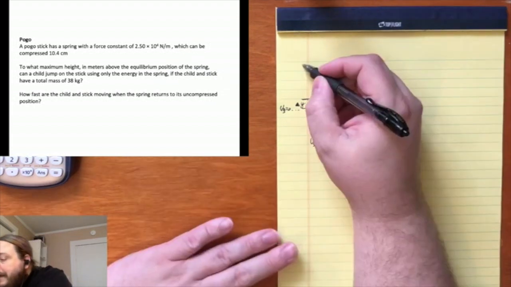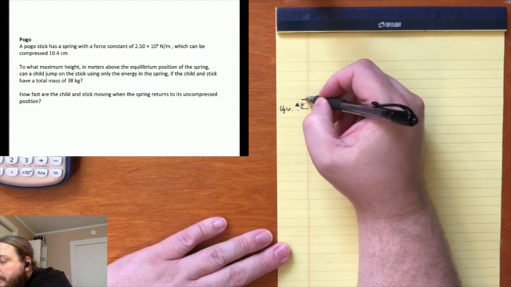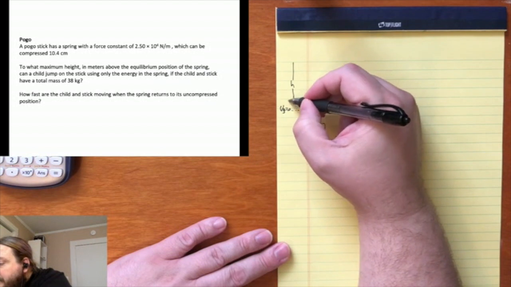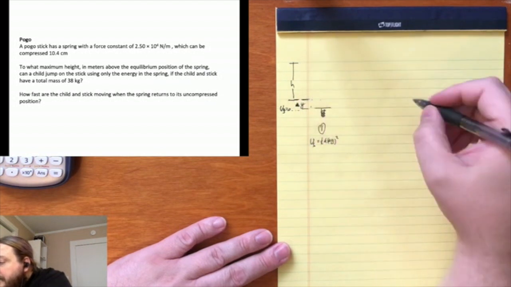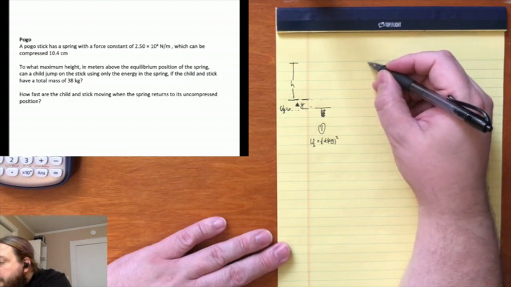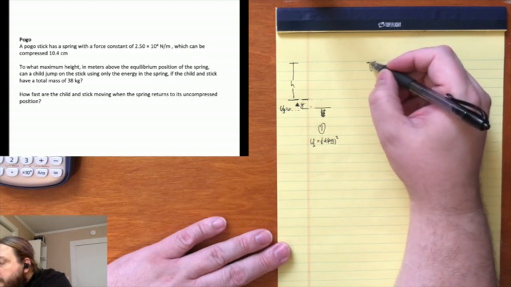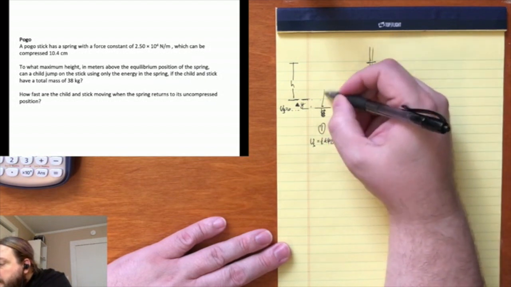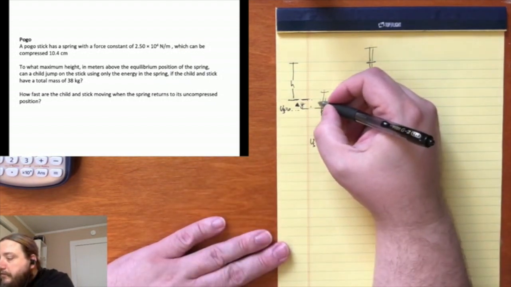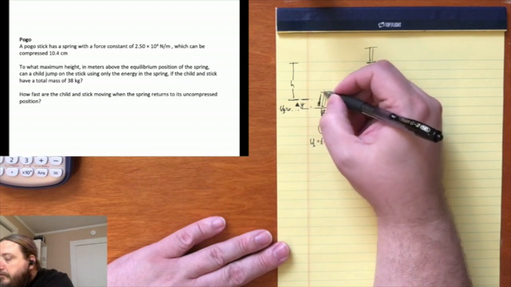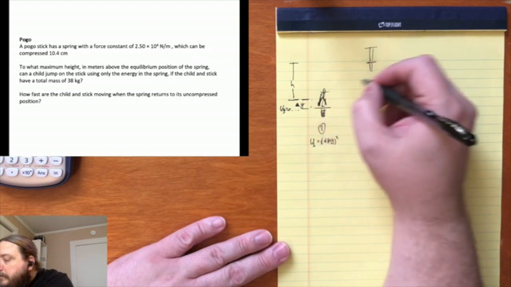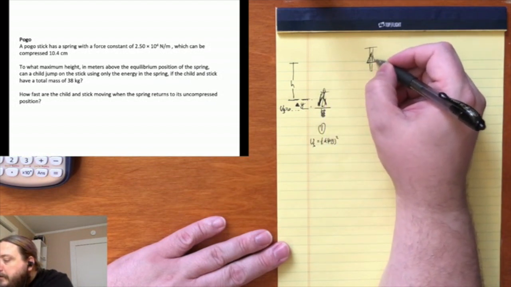So it wants to know how high, where the height is defined here as the distance between the equilibrium position and our maximum height up here with our uncompressed pogo stick spring, like so, and of course our person on our uncompressed pogo stick in both cases.